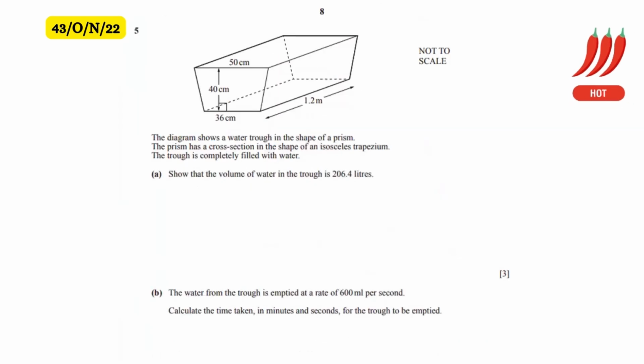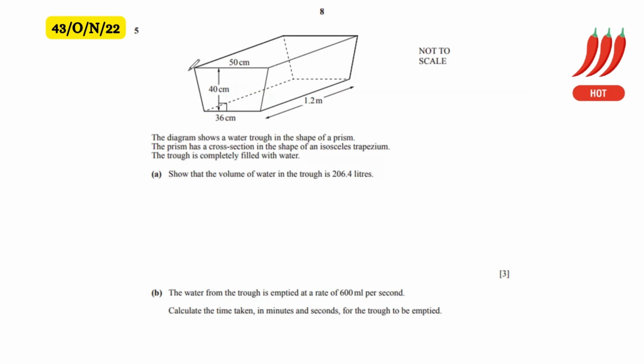Question 5 says a diagram shows a water trough in the shape of a prism. The prism has a cross section in the shape of an isosceles trapezium. The trough is completely filled with water. Show that the volume of the water in the trough is 206.4 liters.